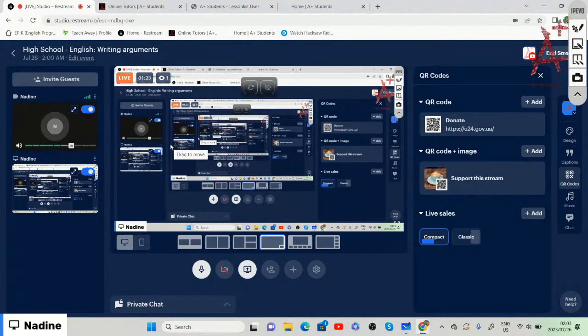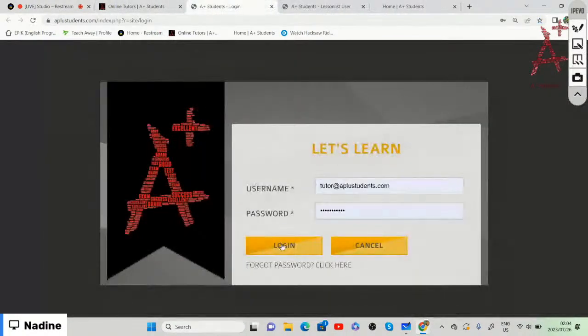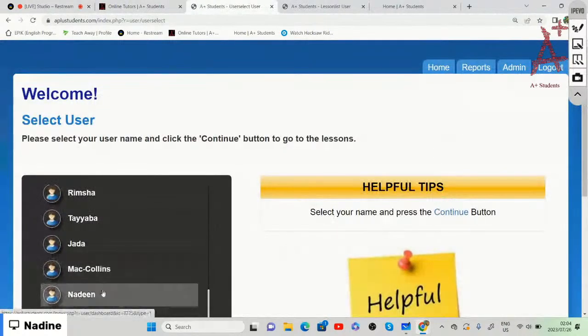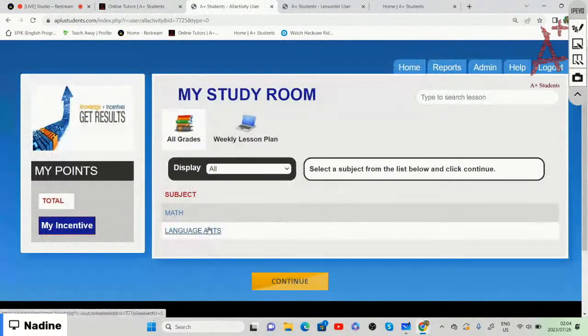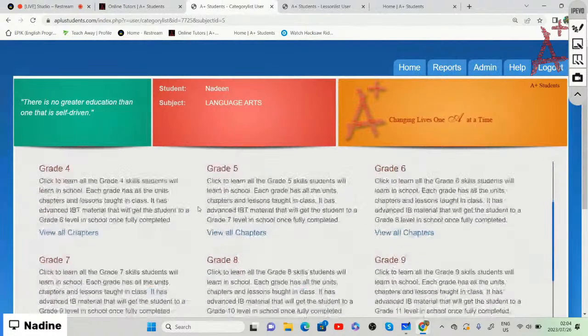Once you are on aplusstudents.ca, you're going to log in with your username as well as your password. Once you've logged in, you're going to select the subject of language arts, and then we're going to scroll down until we get to grade 9.